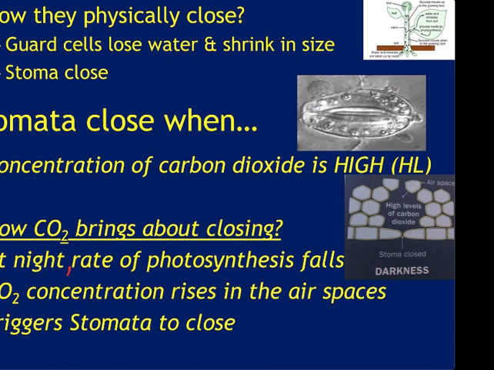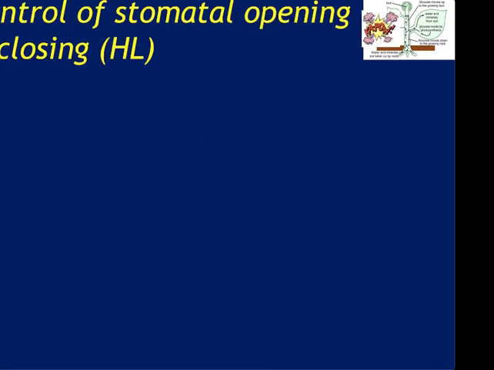So we have how they physically open and close, and we have the reasons why. It has to do with the rate of photosynthesis and the levels of carbon dioxide in your air spaces, in your ground tissue. Now there is an experiment. If we had been in school, we would have had leaves.